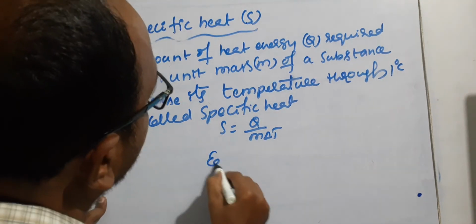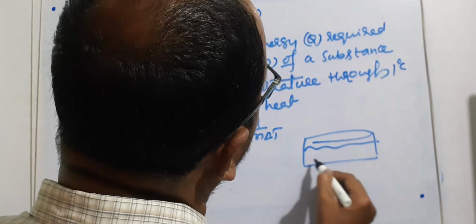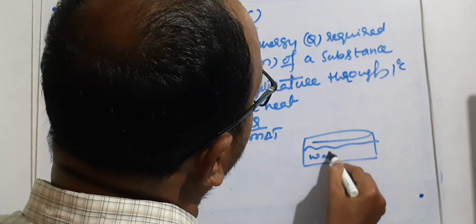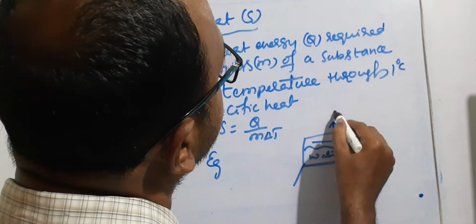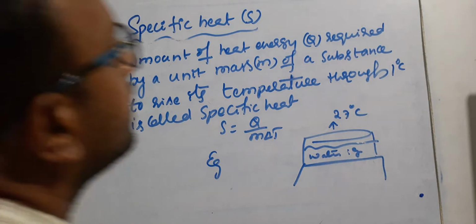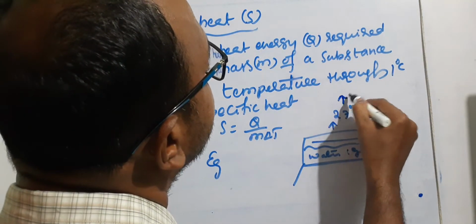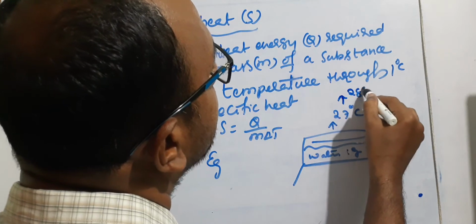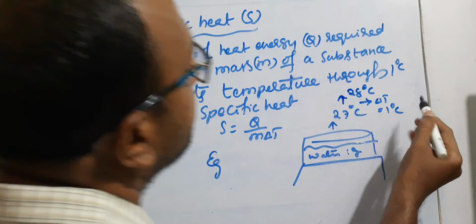For example, in a vessel we have taken a unit mass of water, that is 1 gram, students. It is at 27 degrees Celsius, that is room temperature. Now we want to raise its temperature from 27 degrees Celsius to 28, so the change in temperature is 1 degree Celsius.